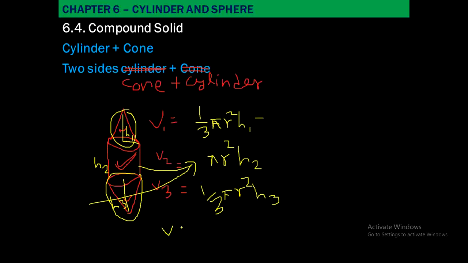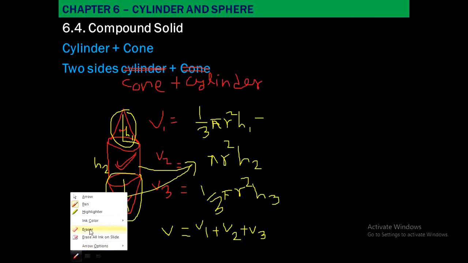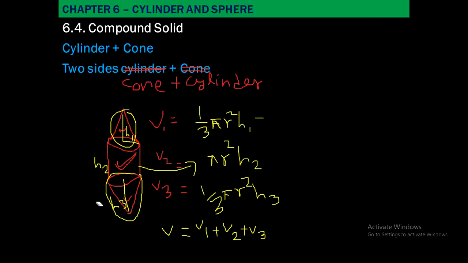Now volume V equals V1 plus V2 plus V3. This is the volume of the combined solid.